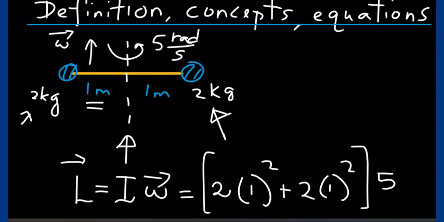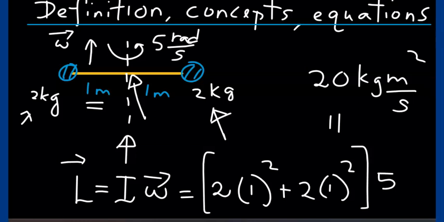Of course, we assume that this rod here is massless, so it doesn't contribute to the moment of inertia. And upon computation, you get the angular momentum to be 20 kg meters squared per second in the same direction, meaning in that direction, parallel to angular velocity.